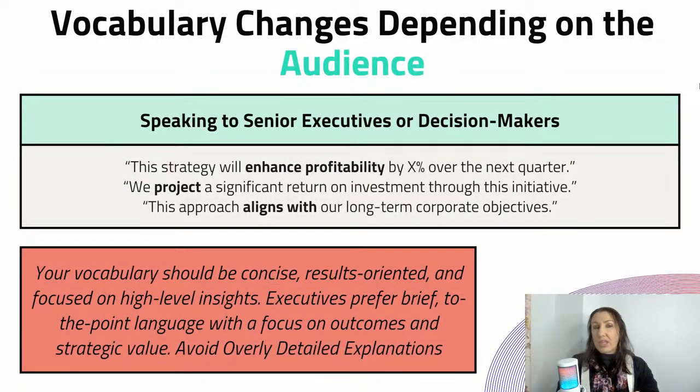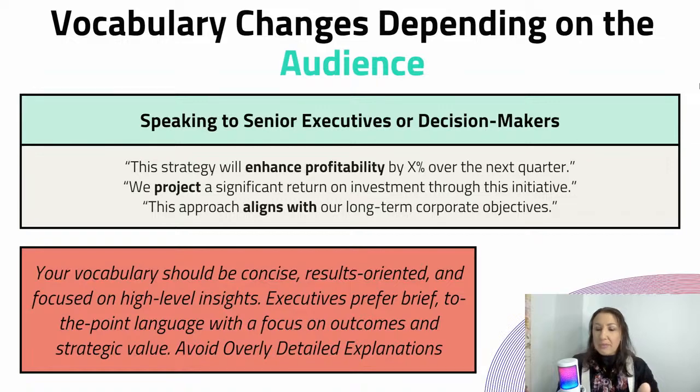So, there's vocabulary changes depending on the audience. So, we'll see how talking to senior executives or people who will decide something is different from talking to colleagues. Your vocabulary should be concise if you talk to executives because they are always in a hurry and you want to use this very specific vocabulary with them.